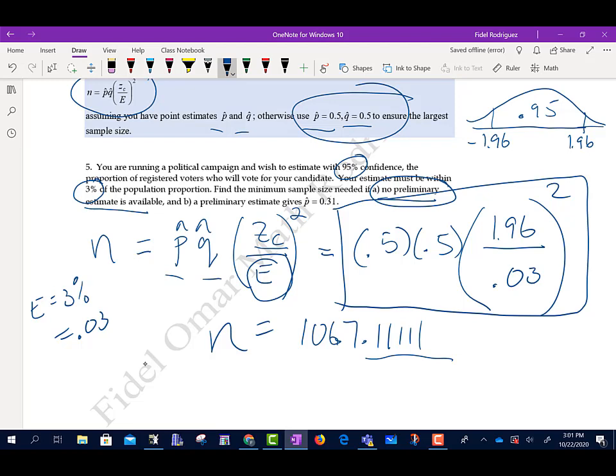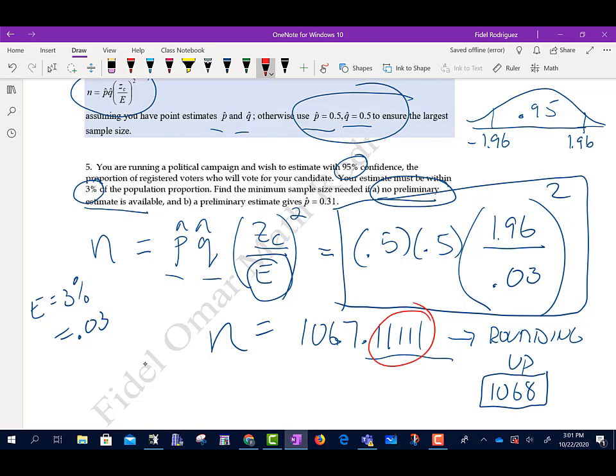So I'm not necessarily rounding to the nearest whole number, but we are rounding up. So my N here would be 1068. Anytime I have anything after my decimal value, if I came up with exactly 1067 on the dot, that's what I would need. But if I have any decimal after that, I'm always going to be rounding up.